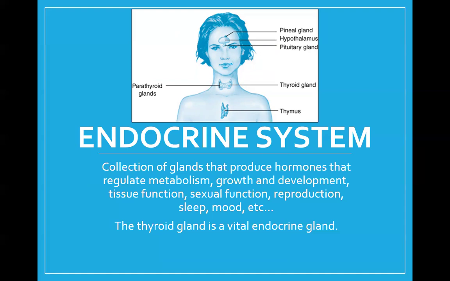So there's all sorts of different parts to the endocrine system. Really, we're just going to talk about how that relates to diabetes because we have the insulin, the hormone, and then we're also going to talk about the thyroid.